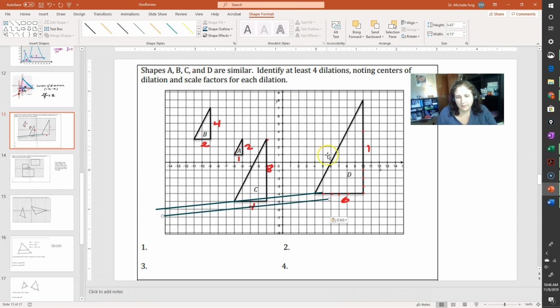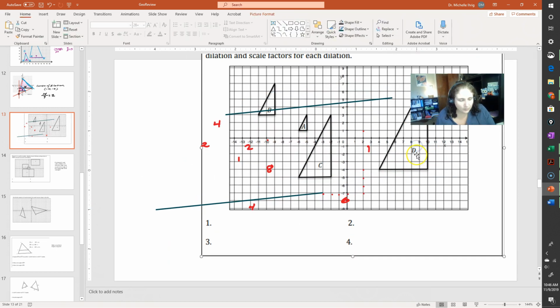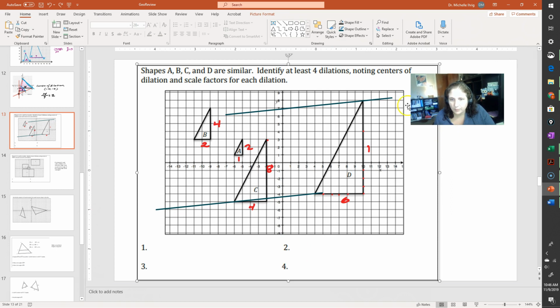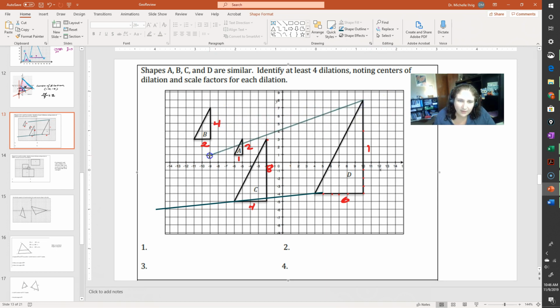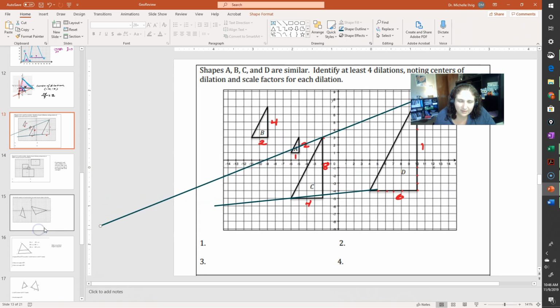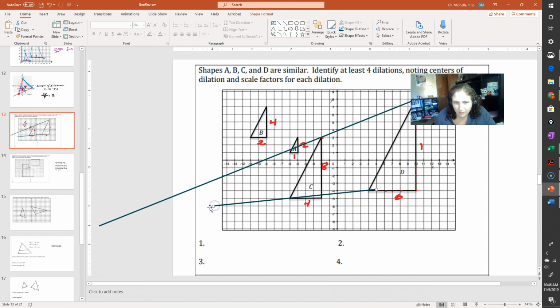Okay, then I can paste my line down and come up with the corresponding parts for the top 2 points. If I take my line and start it at this top point and then move my line so it goes on forever through here. Wow, this center of dilation is super far away.